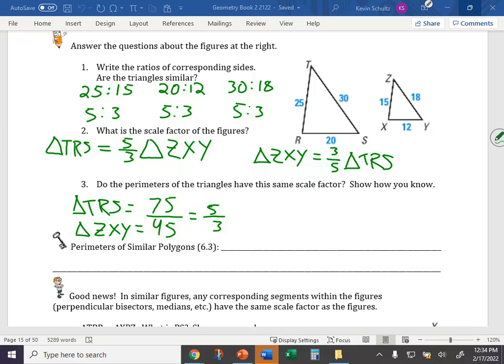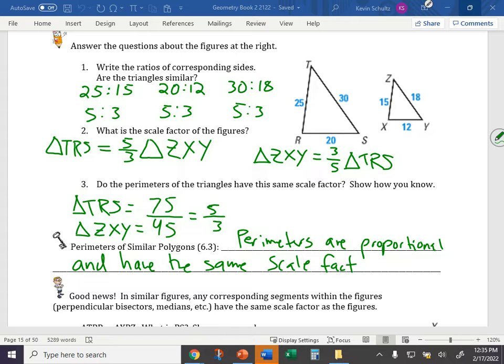Yeah. They should simplify to be the scale factor. Okay. They'll simplify to be the scale factor. Anything else? Essentially that. Okay. The perimeters are proportional and have the same scale factor as the shapes.